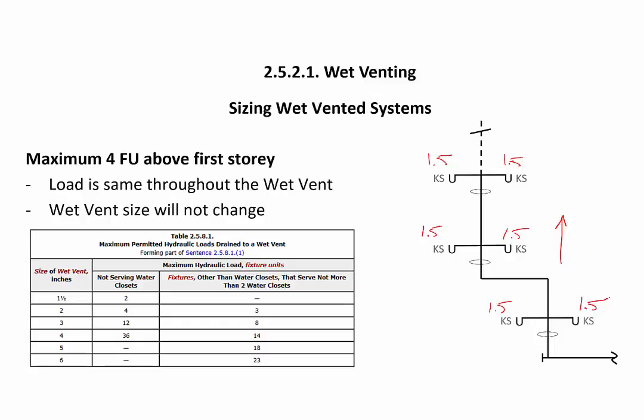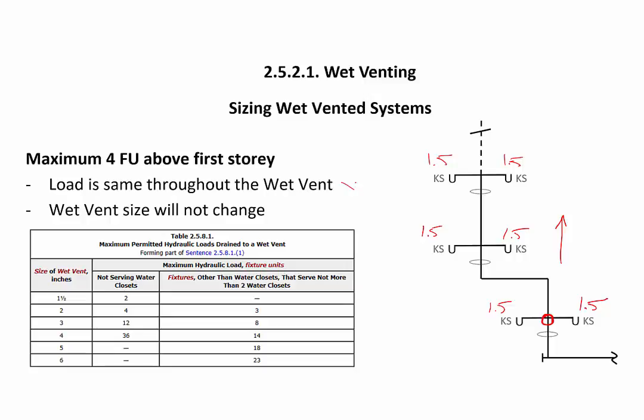We don't include the load of the lowest fixture or fixtures that are symmetrically connected, but we include the load of everything else that is draining into the soil or waste stack. And like this requirement says, the load is the same throughout the wet vent.